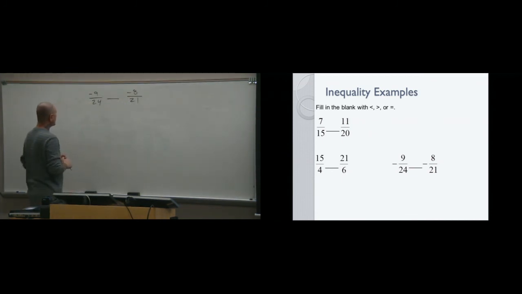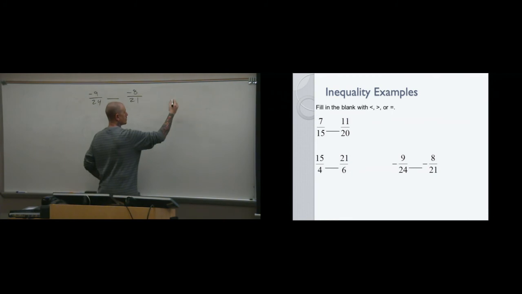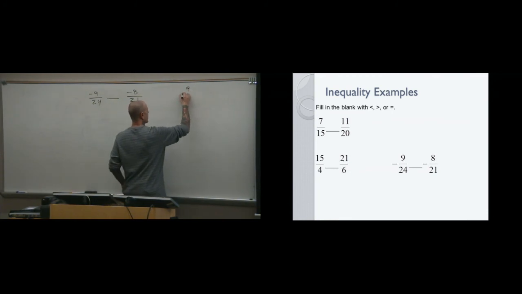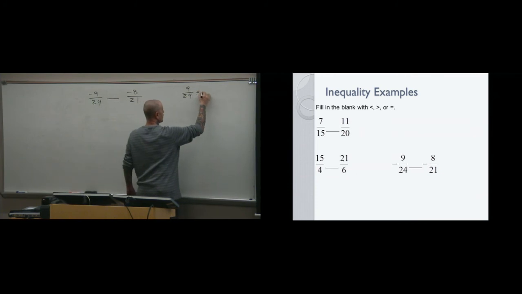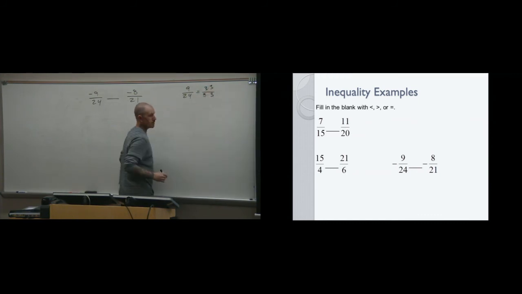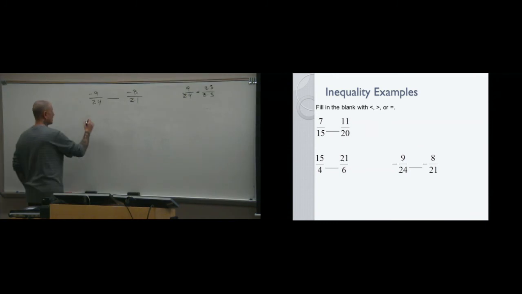Well, first off, 9 and 24, do they have any common factors? 3. So let's go ahead, and I'm just going to write it as 9 over 24 for now. I know it's negative, but to reduce it, I don't need that. 9 is 3 times 3. 24 is 8 times 3. So we can cancel out those common factors of 3, so that's going to give us negative 3 over 8.